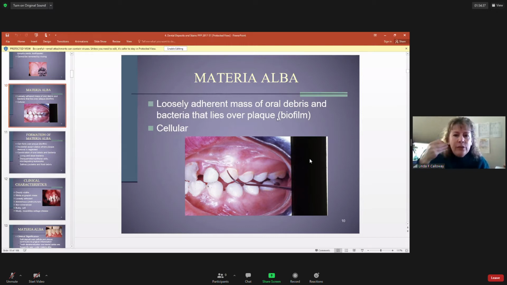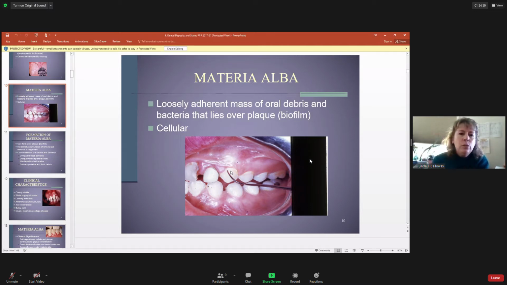It's more than just plaque or the food you chew sitting on the surface. It's a layer of food debris and plaque in an area where it's allowed to build. This also happens if a patient's not brushing an area at all.